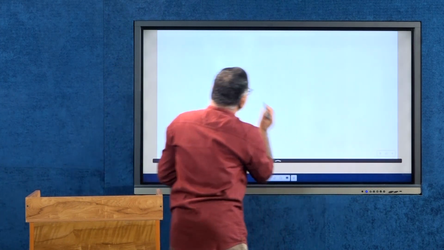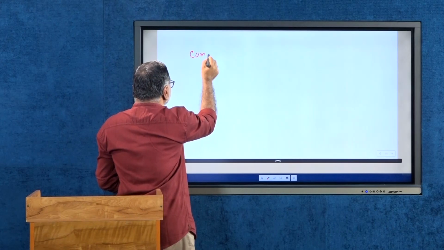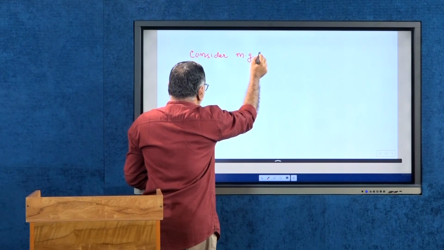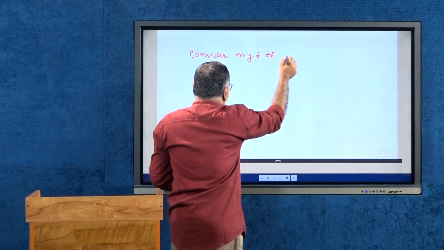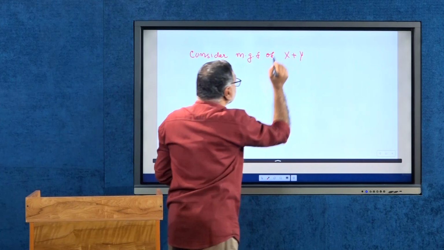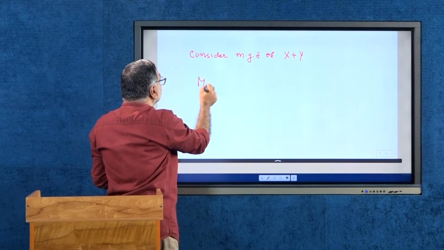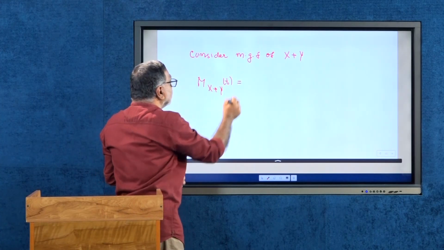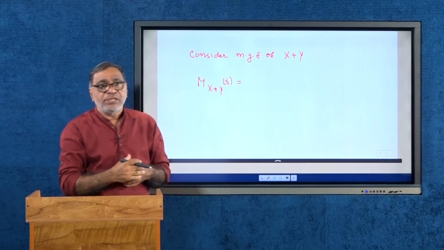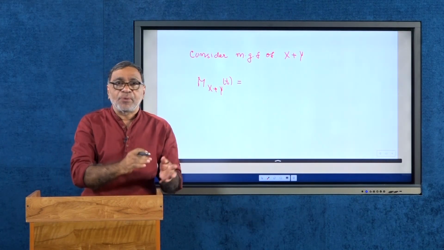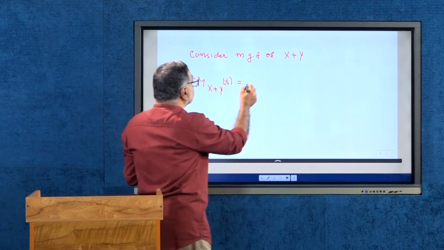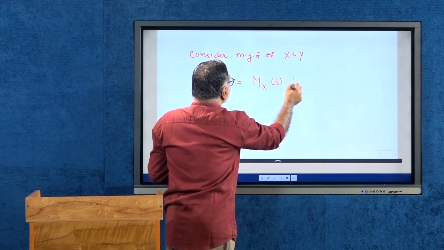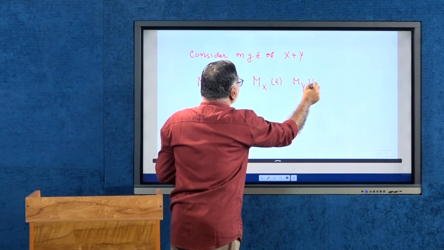Now, you consider the MGF of the random variable x plus y, that is m x plus y of t. Since x and y are given as independent random variables, by the property of the moment generating function, this is the product of the moment generating functions of x and y.